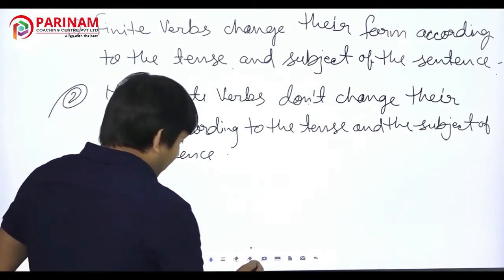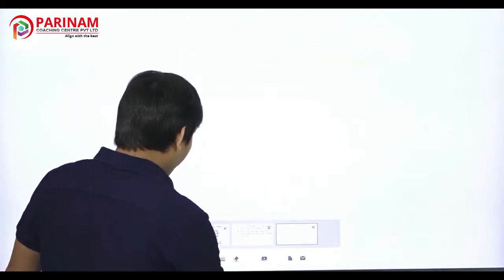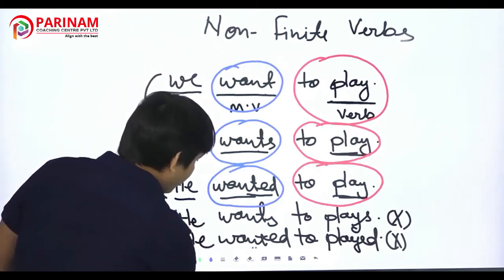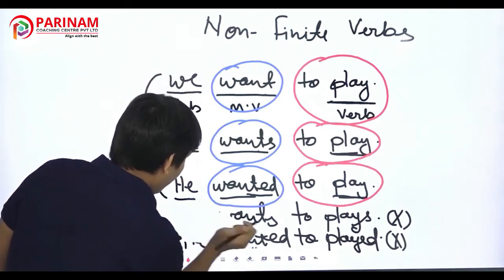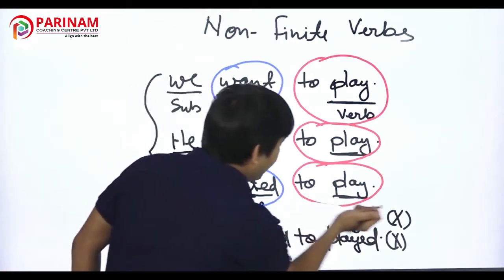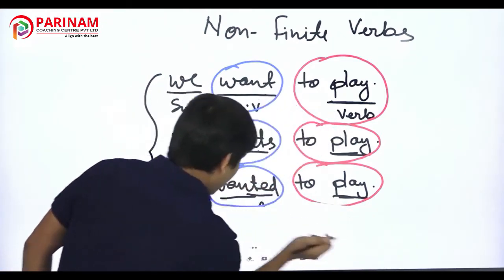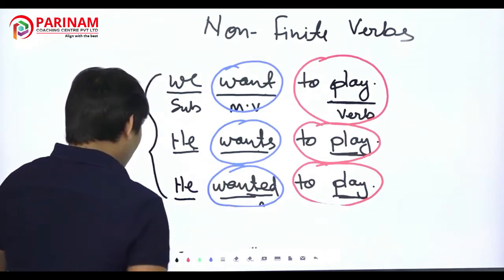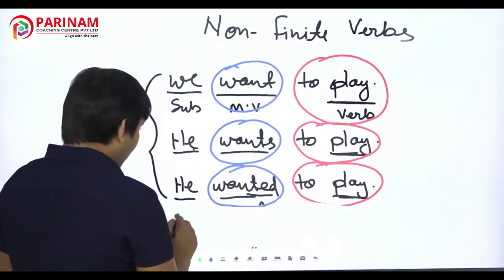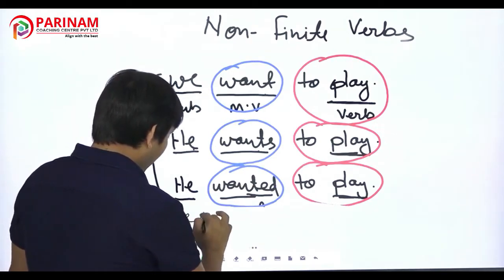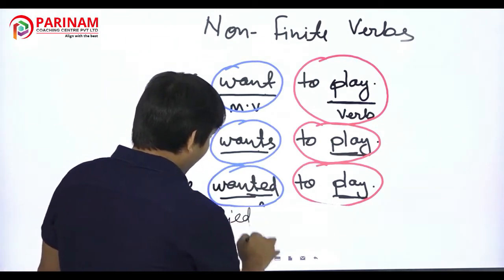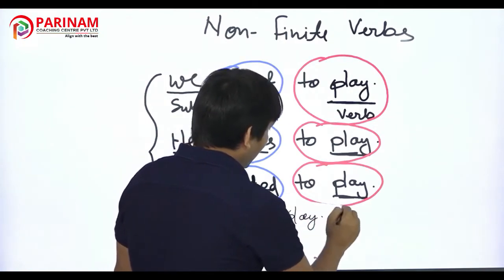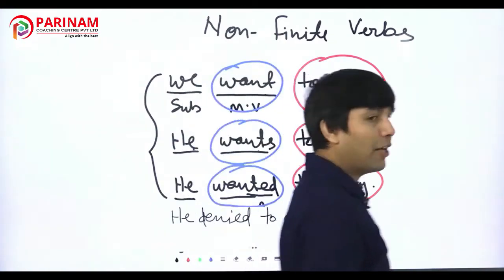Let's take another example here in this. Okay, I am just erasing these two sentences. I am writing a different one. Alright, so if I say he denied to play, I have written a sentence over here, he denied to play.